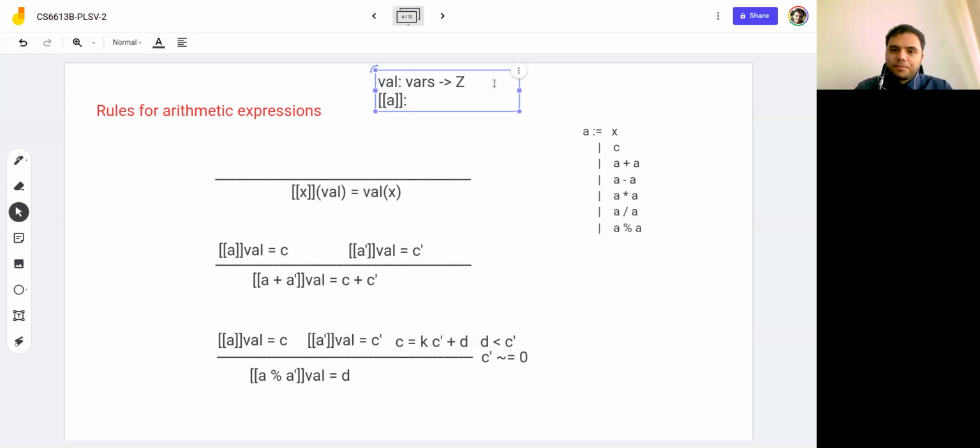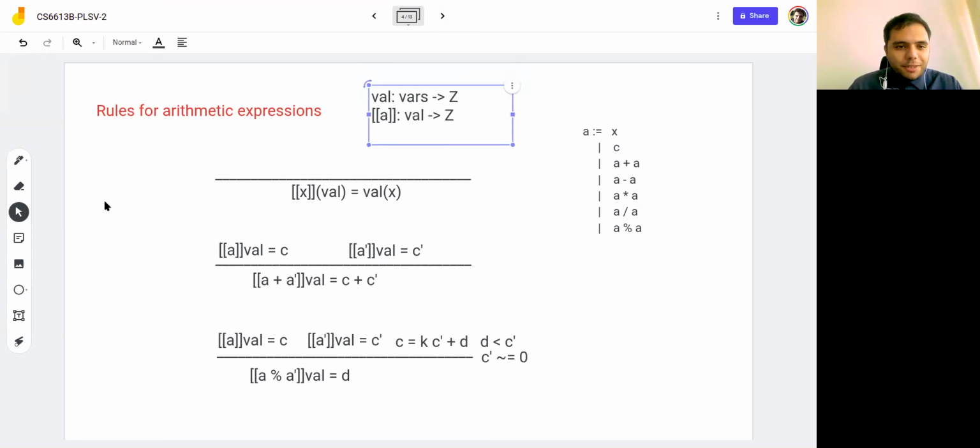It maps valuations themselves also to concrete values. Okay. So we are already working with higher order functions, and this is something that people in functional programming really like.